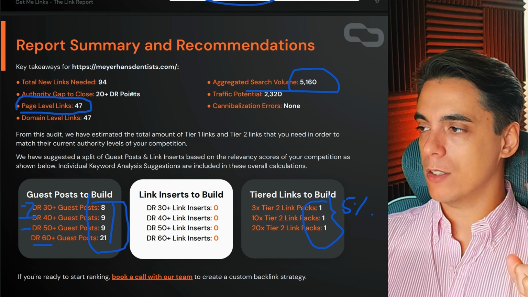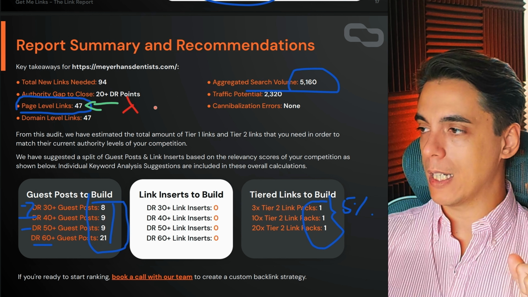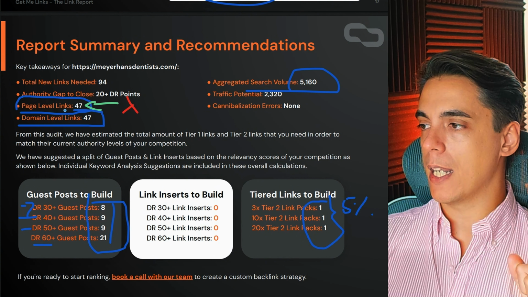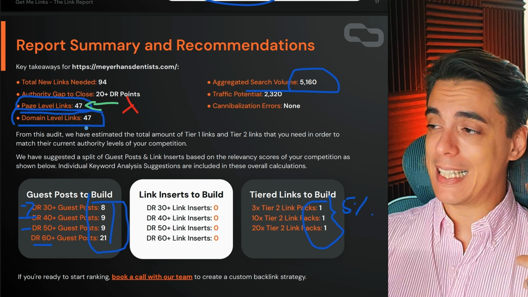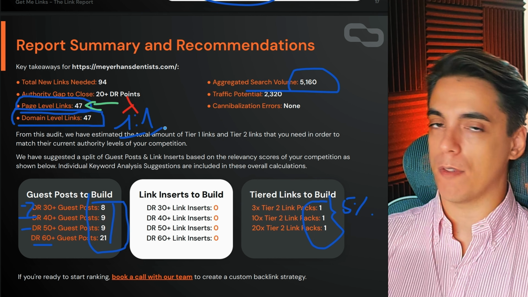However, we can't just do that by itself. We need to build supporting power at the domain level, aka the homepage. And at least we need to build one homepage link for every inner page backlink. Otherwise, the profile will be insanely unnatural and it won't survive a manual review.